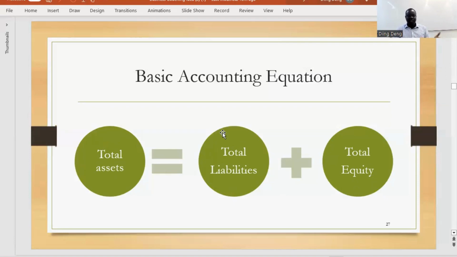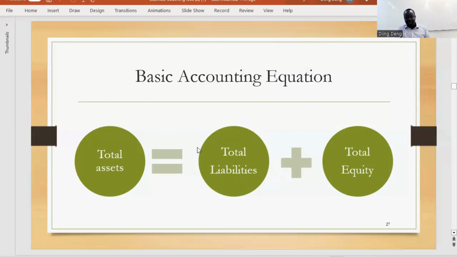If you have just started a business and you haven't got any external claim on the assets, it will all come from you. So the sum of your total equity will be equal to total assets, and you will have 0 here. If you have an external claim, the sum of these two must be equal to this.